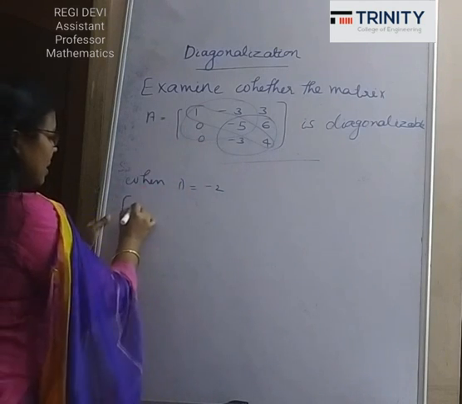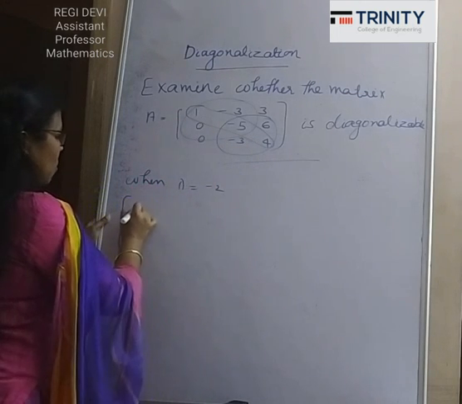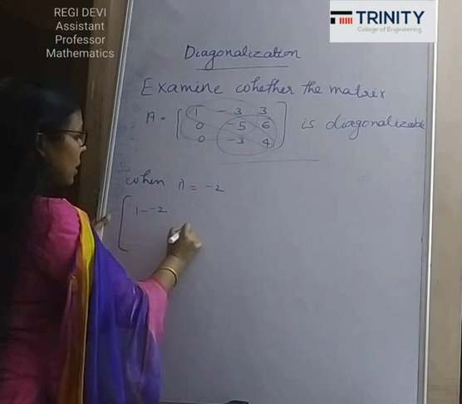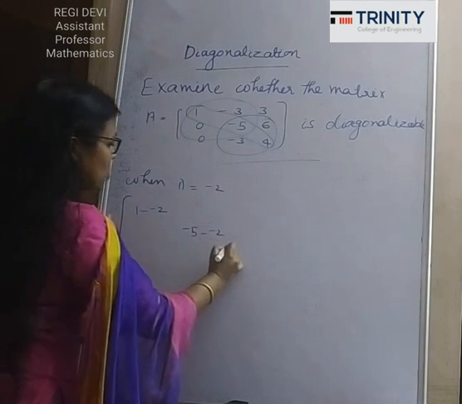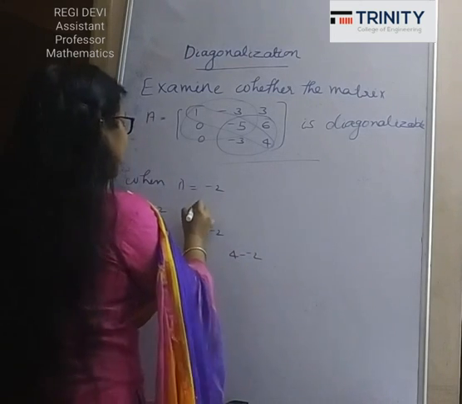In this matrix, the diagonal elements are subtracted by minus 2: 1 minus minus 2, then minus 5 minus minus 2, 4 minus minus 2. The remaining elements are the same.